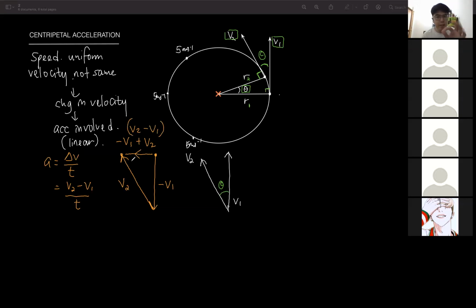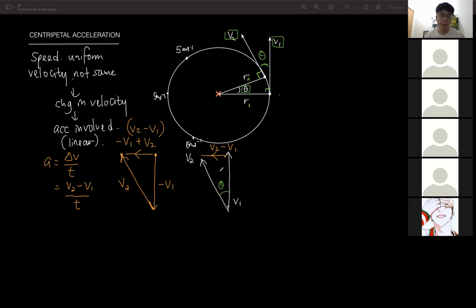So this vector here is v2 minus v1. In other words, this is the direction of our linear acceleration. It is acting here. Where is this direction? How do I relate it with this diagram here? I know it's pointing to the left, but where is it?